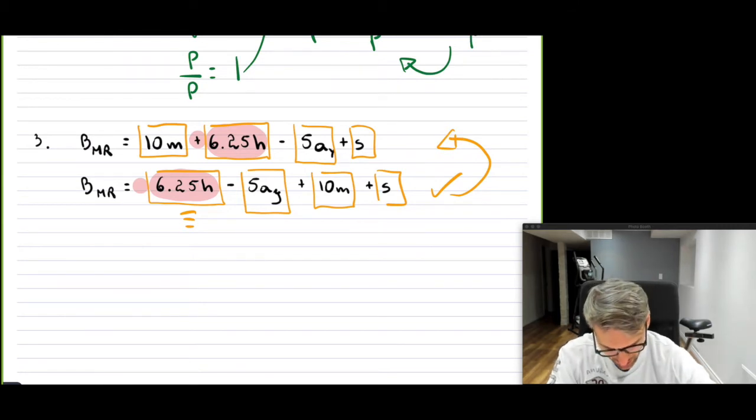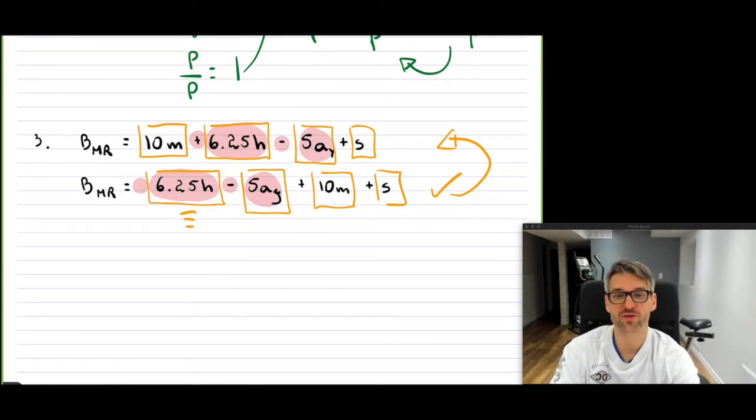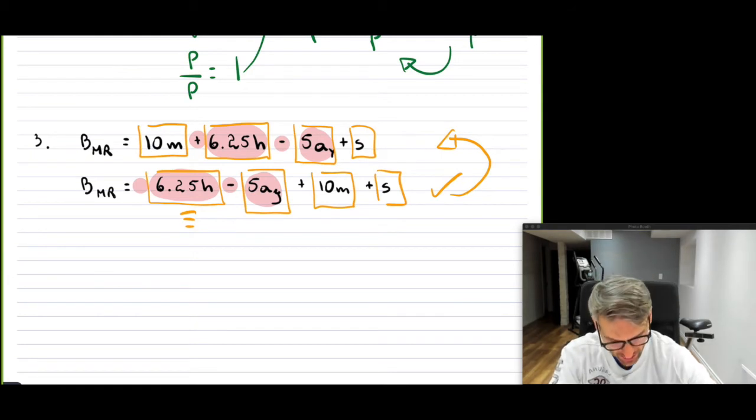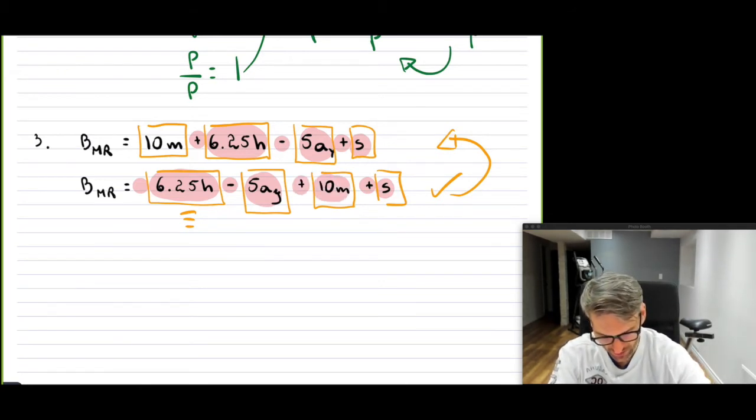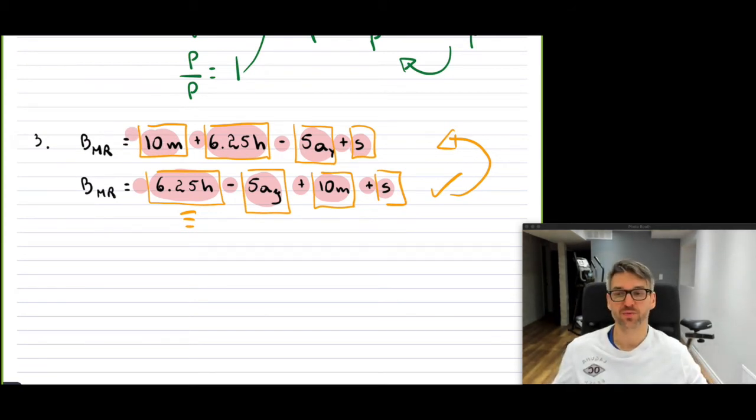And then you take a look and you have 5a subscript y, and you have that here, and they're both negative. So far so good. And then lastly, you have an s, which is positive, so you see that here. And then the final thing is the 10, which is positive, and you have the 10 here. So the difference between these two formulas or rearrangements is just how they order their terms.